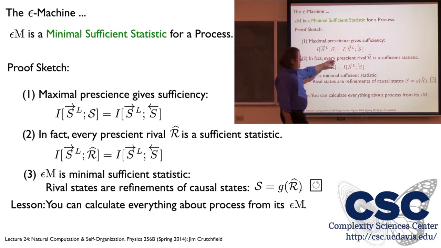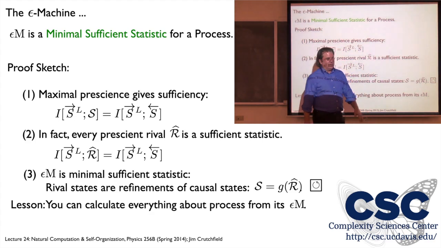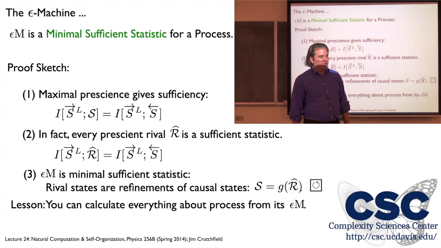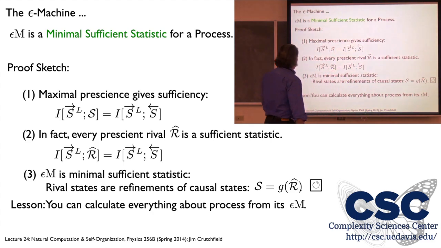But it turns out every prescient rival is a sufficient statistic. Anything that does optimal prediction is essentially a sufficient statistic. But then we just established that in the space of all the alternative optimal predictors, the Epsilon machine is the smallest, just because the rival states are refinements. So basically, it's a minimal sufficient statistic.